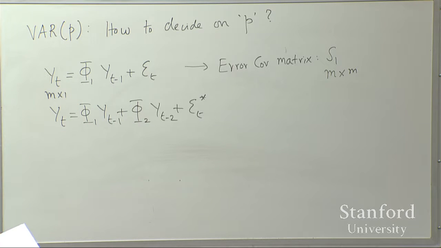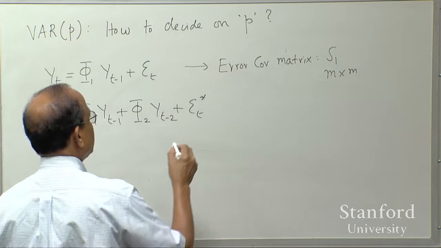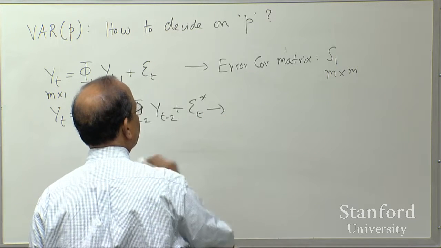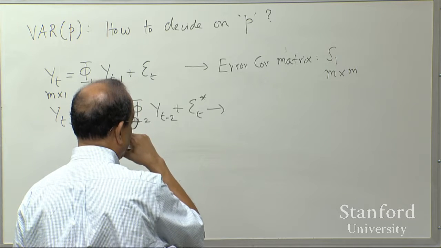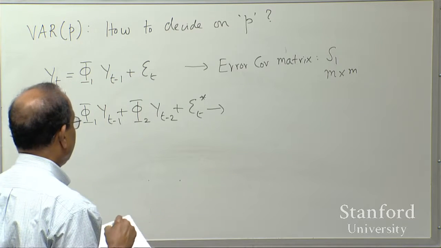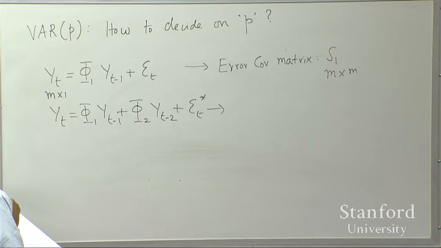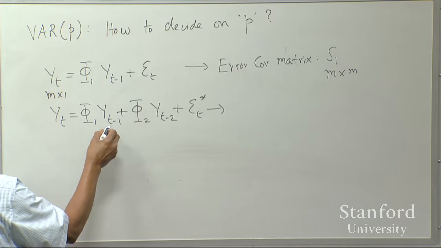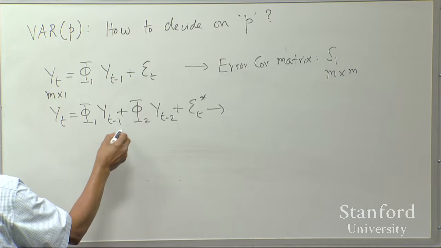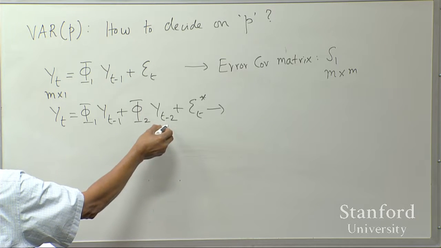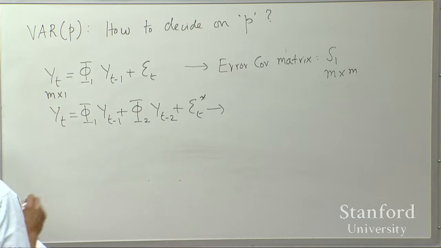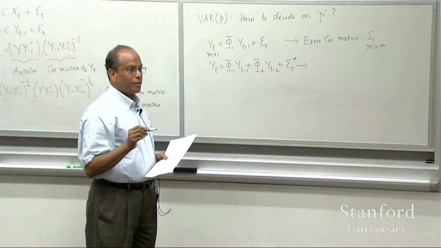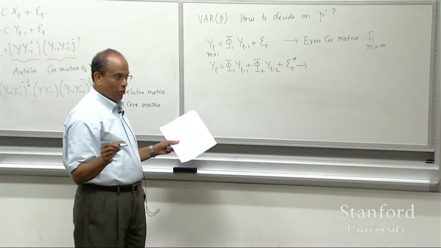Then you fit the second model, the AR2 model. Essentially, if you are running a regression, in addition to the m lag 1 variables, you would also include additional m lag 2 variables. So this will be a regression based on 2m predictor variables, a long regression.